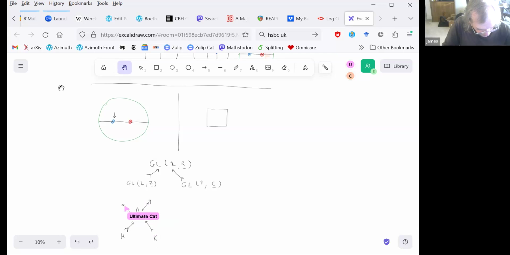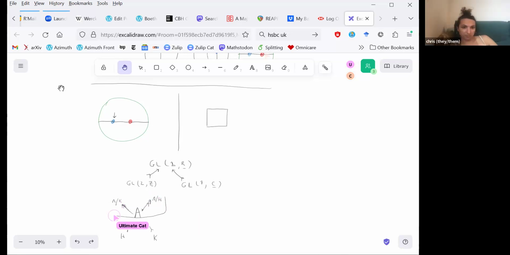These are not group homomorphisms. They're just maps from A mod H and A mod K. And then at that point, you've got a span.